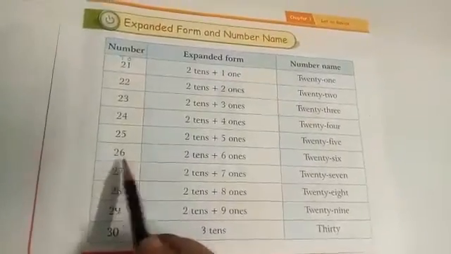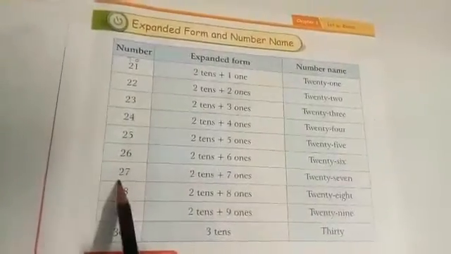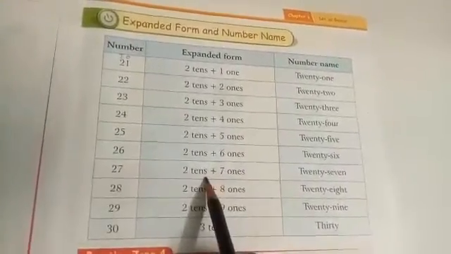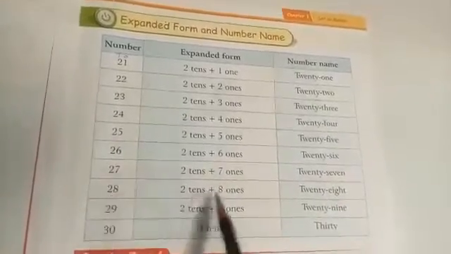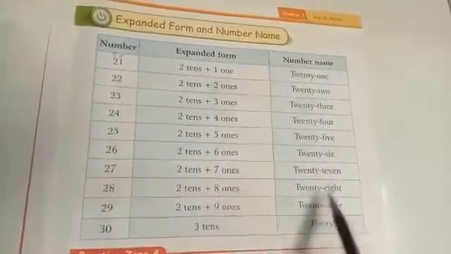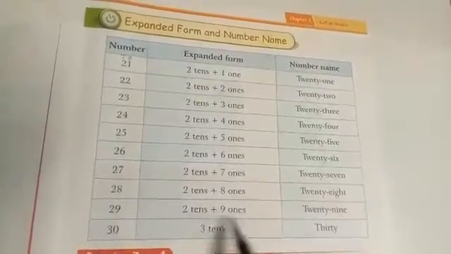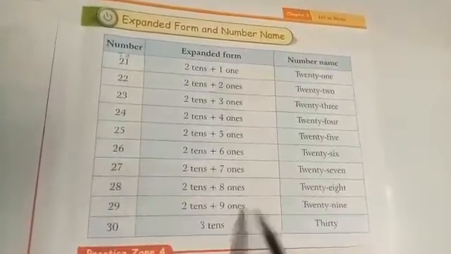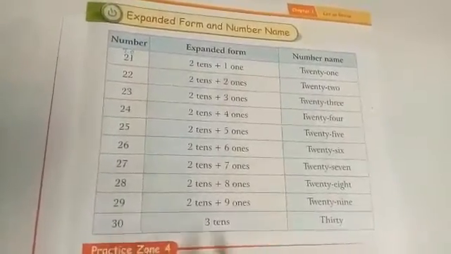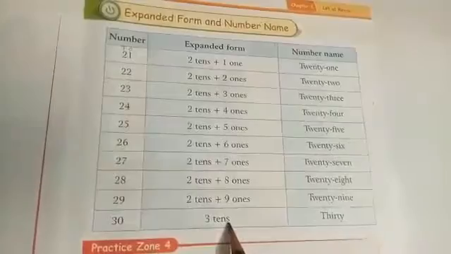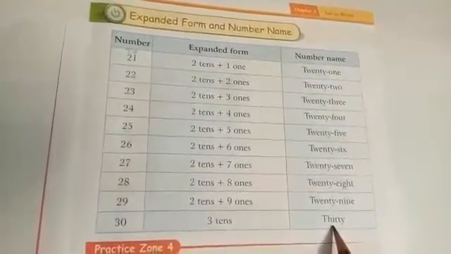Then 26. 2 tens plus 6 ones, 26. 27. 2 tens plus 7 ones, 27. 28. 2 tens plus 8 ones, 28. 29. 2 tens plus 9 ones is equal to 29. 30 means 3 tens. So 30.